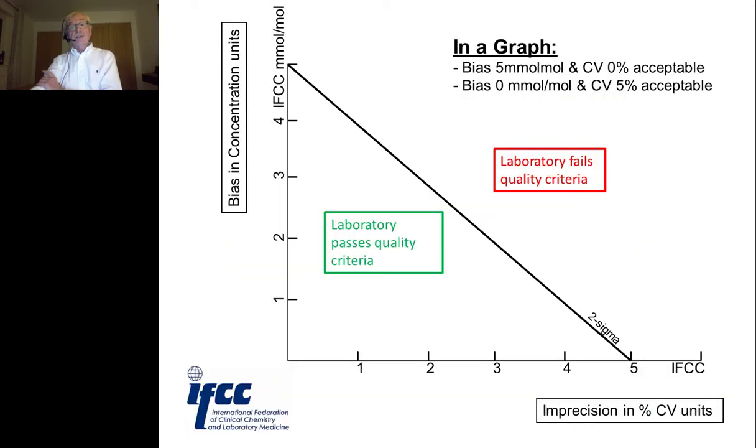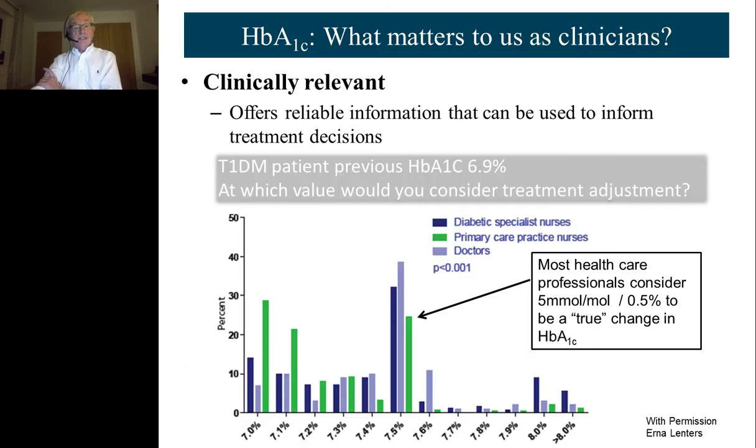So we looked at a bias level of 5 millimoles per mole and a CV of 5%. Why 5 millimoles per mole? Well, this is some work from Erna Lenters that asked clinicians a question: what do you believe is a true difference in hemoglobin A1c? And they said 5 millimoles per mole they believed was a true difference in hemoglobin A1c.